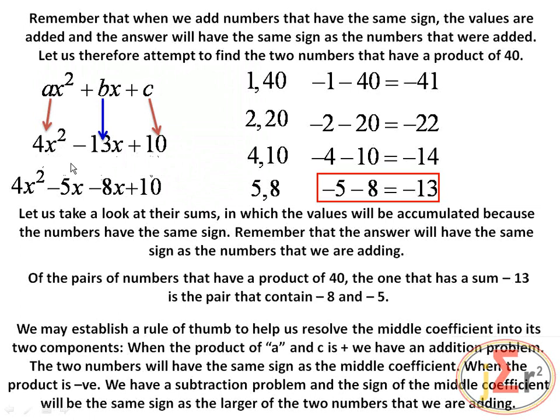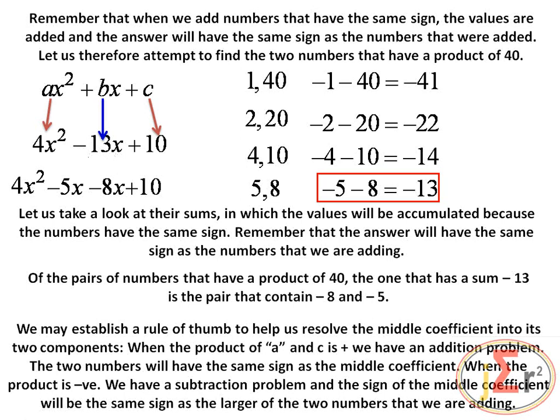They will have the same sign. And that being the case, the two numbers that we add will have the same sign as the middle coefficient. So in this particular case, the middle coefficient is negative. The two numbers have the same sign.